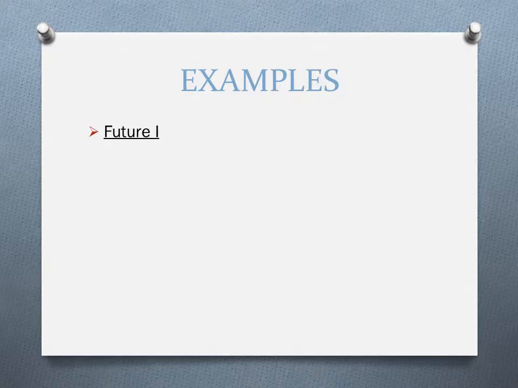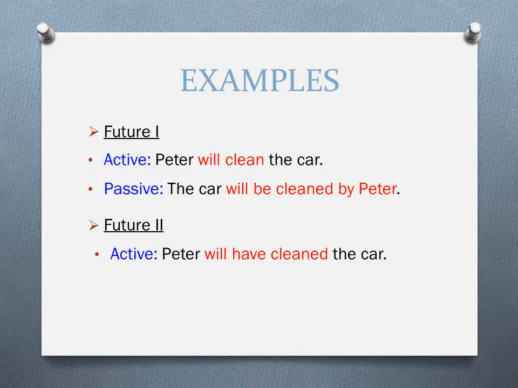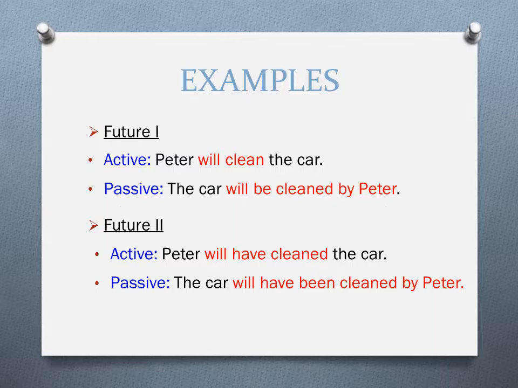If we have a future simple in the active sentence, "Peter will clean the car," the passive is "the car will be cleaned by Peter." On the other hand, if we have a future perfect, "Peter will have cleaned the car," the passive is "the car will have been cleaned by Peter."